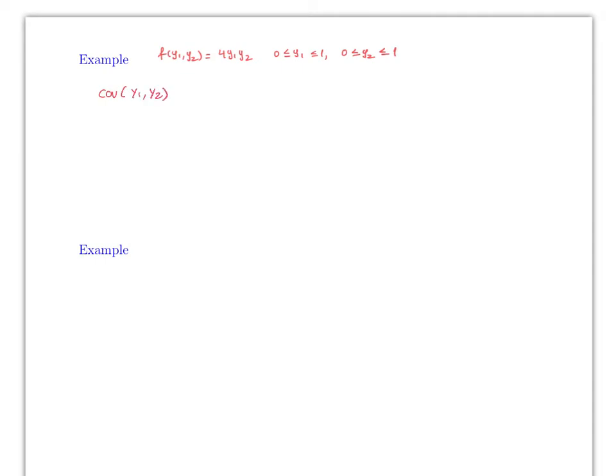Now, on one of the previous examples, we already found out that the expected value of y1 was equal to 2/3, and the expected value of y2 was also equal to 2/3. So we did that before. Therefore, all we need to figure out is the expected value of y1 y2, because we already know this will be 2/3 times 2/3.